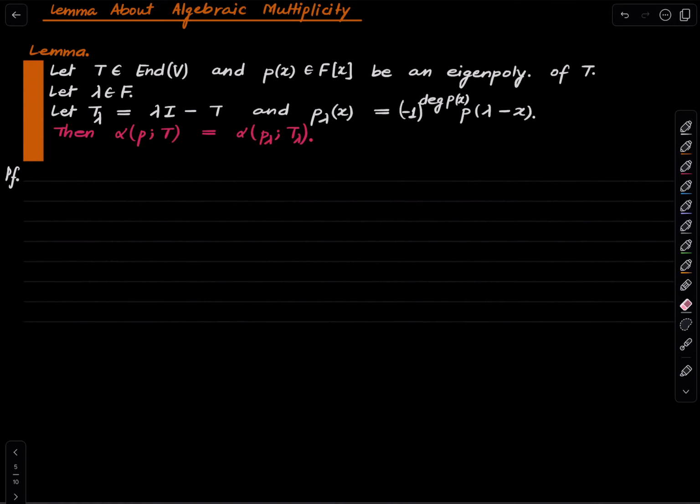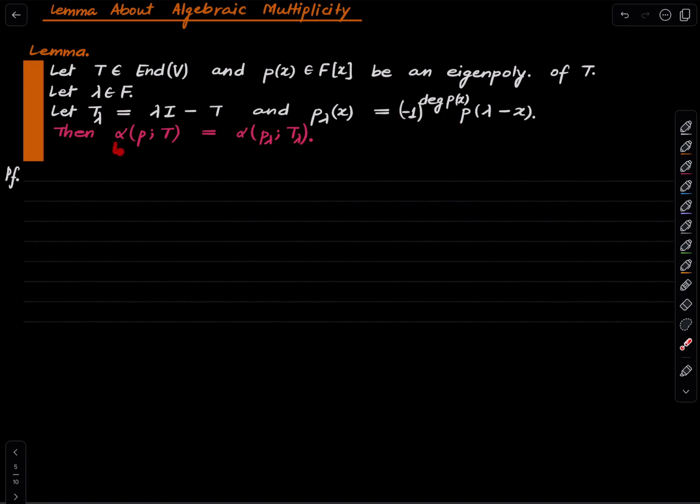So now we will prove something about the algebraic multiplicity. So fix an endomorphism again, and let's say Px is an eigenpolynomial of T. Fix an element of the base field, call it lambda. And for notation, let us write T lambda to mean the translated version of the endomorphism, and P lambda x to mean the monicized version of the translated eigenpolynomial.